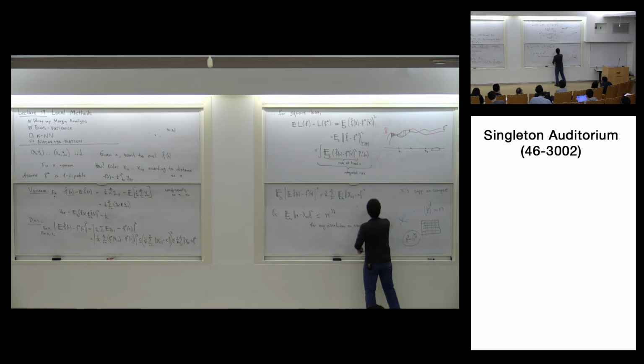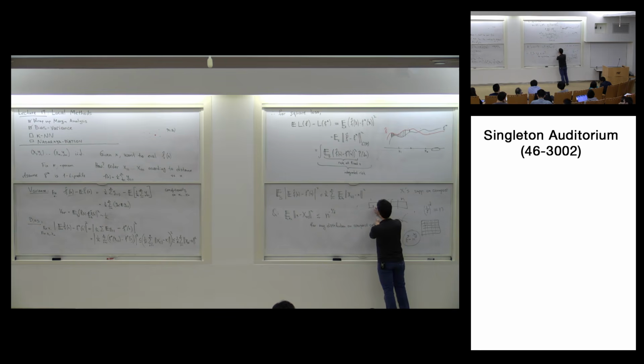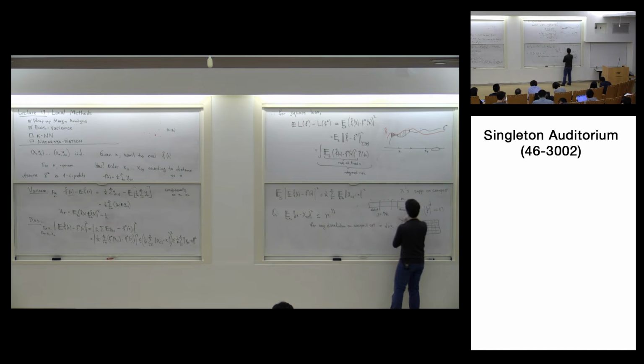Let me take the data set 1 through n and partition it into j equal to n over k, so into k buckets, each one of size j. So this is bucket 1 up to bucket k.